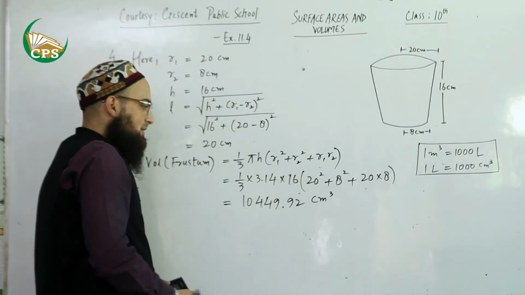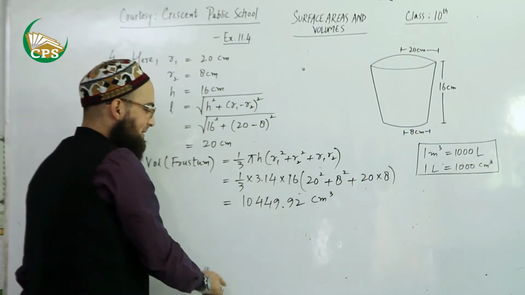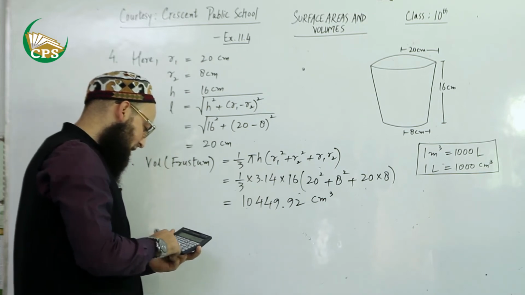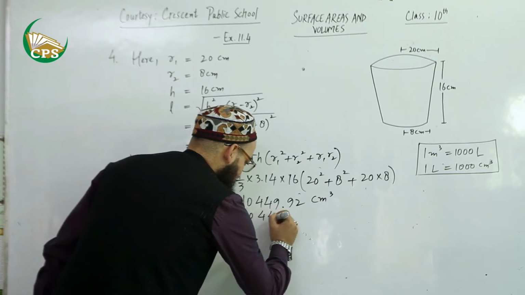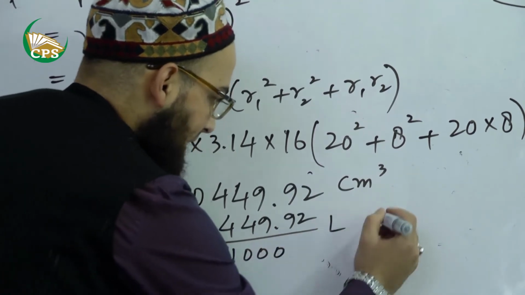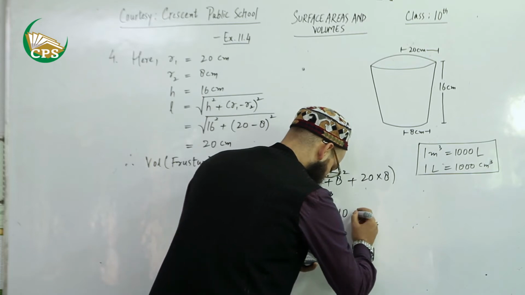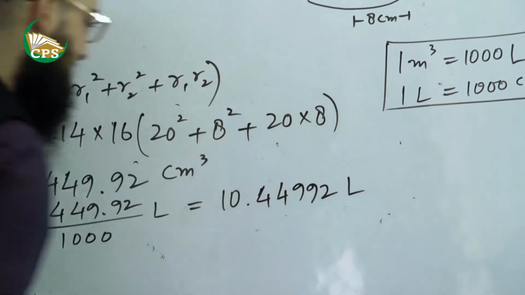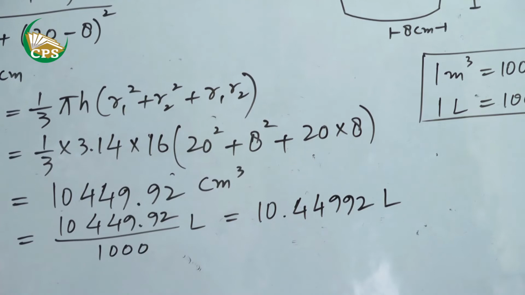Now we have cubic centimeter, that means 1 cubic centimeter is 1 by 1000 liters. So this much cubic centimeter is this much divided by 1000. So we are in liters. 10449.92 divided by 1000, and that is 10.44992 liters.